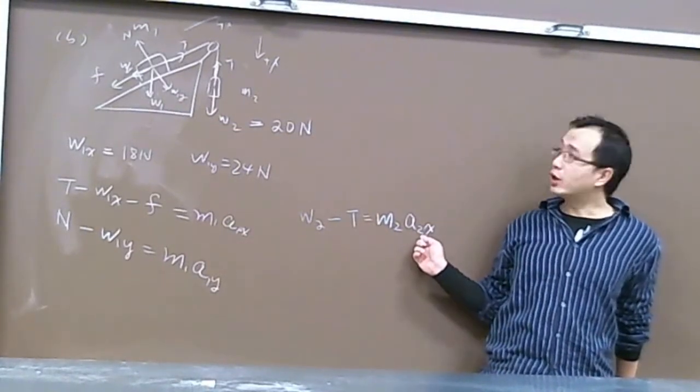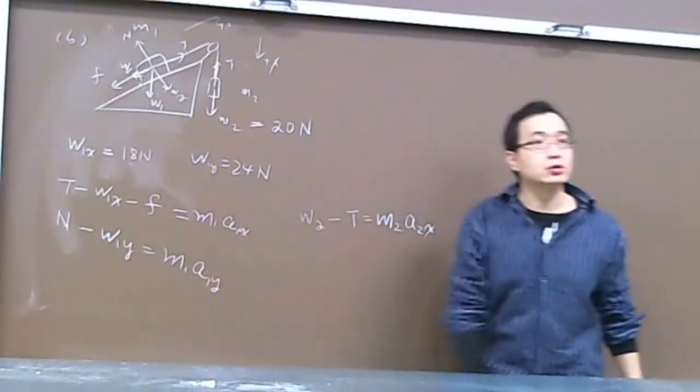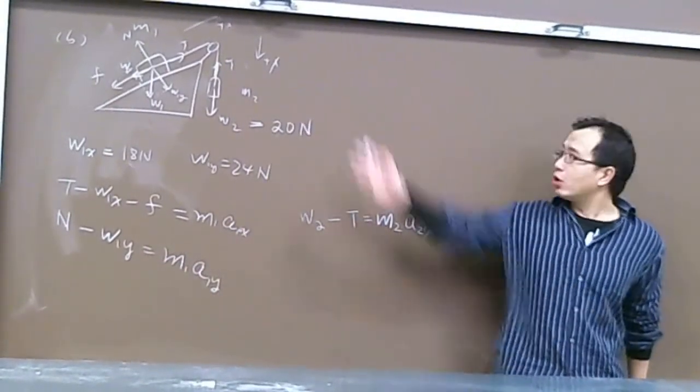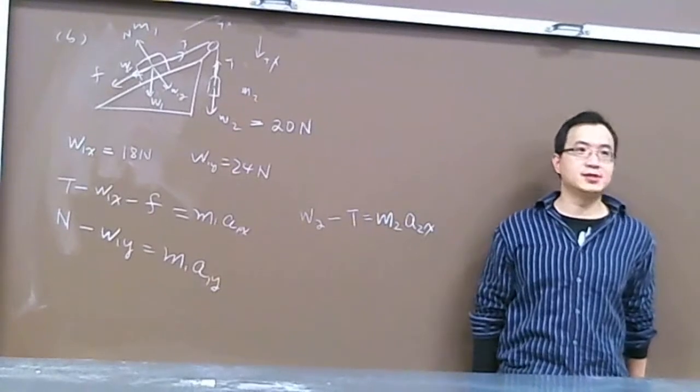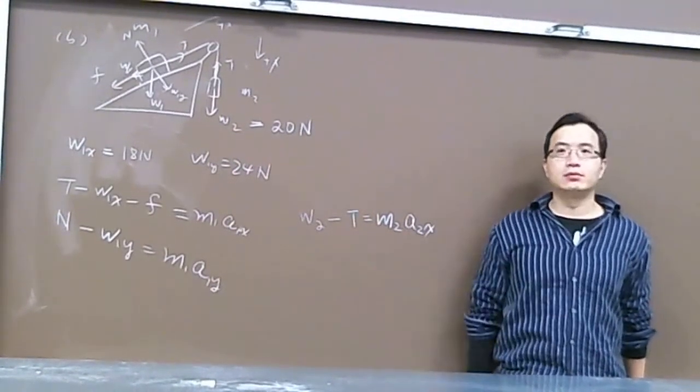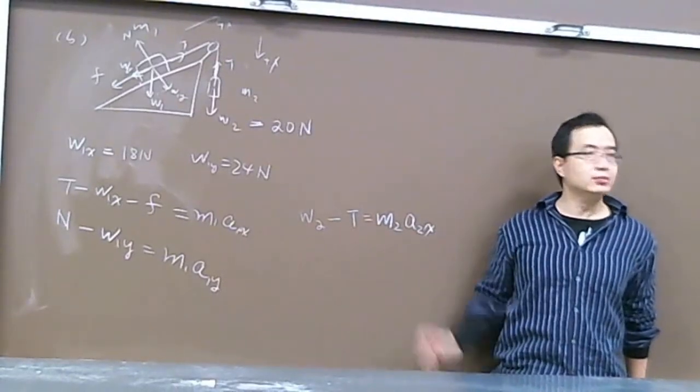Yes, I said A2x because I call this the X direction. You can call it Y direction or X direction or even Z direction. It doesn't really matter, but you need to be clear about your own naming.